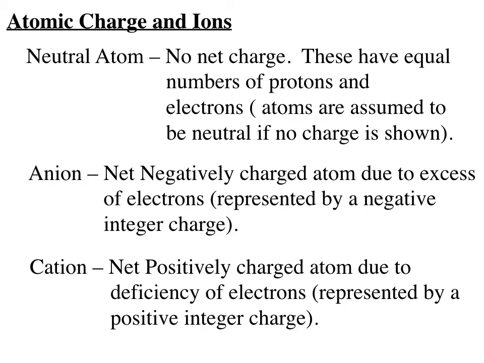But more importantly, it is so energetically difficult for that to occur that under all processes we will deal with, and certainly under all chemical processes, when something becomes positively charged, it does so by removing electrons.